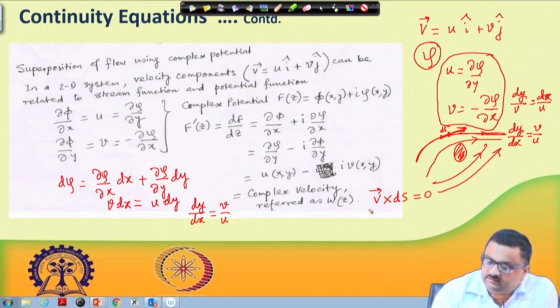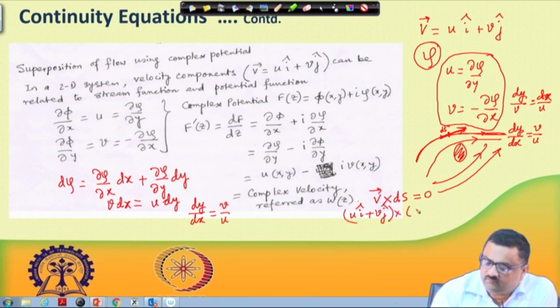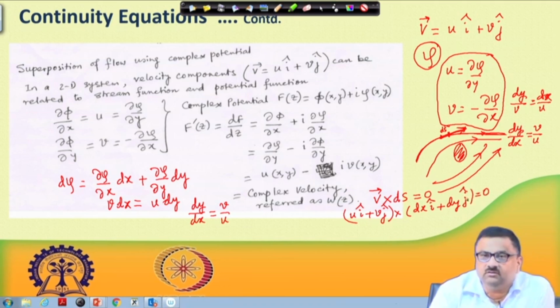So, in that case you can write u i hat plus v j hat and take the cross product with ds, which can be written as dx i hat plus dy j hat, that is equal to 0, and i cross j is equal to k.